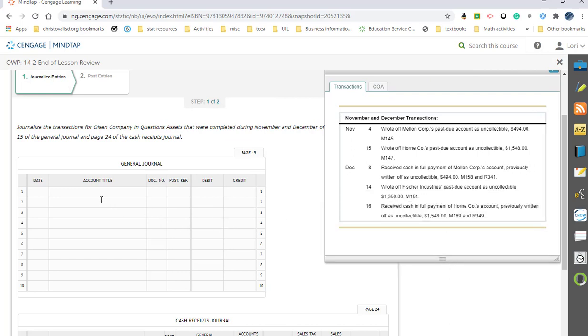We are going to write off the allowance for uncollectible accounts.